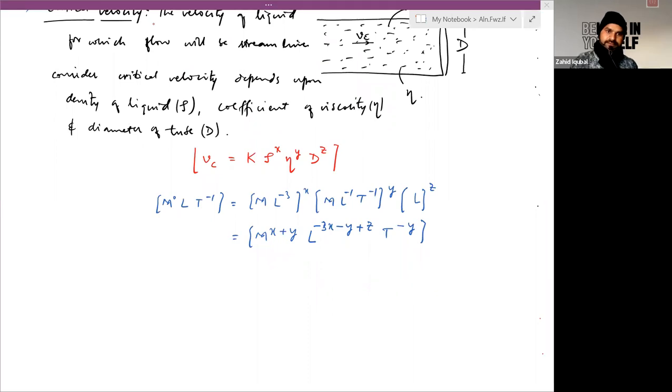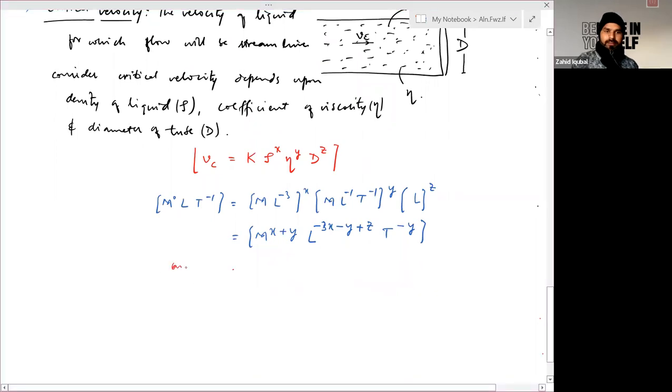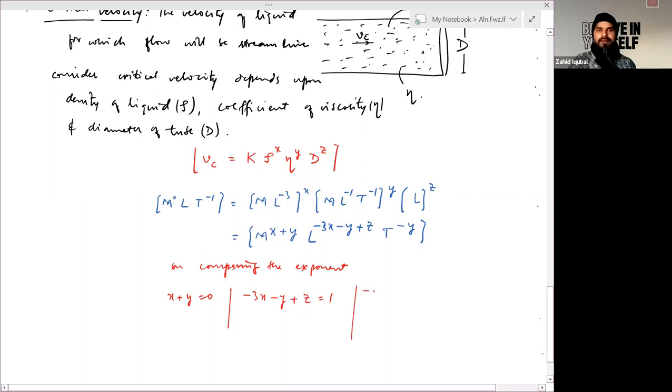Let me solve on comparing the exponent. First, for M, x plus y equals 0. Second, minus 3x minus y plus z equals 1, and minus y equals minus 1. So on solving, you will get y equals plus 1.